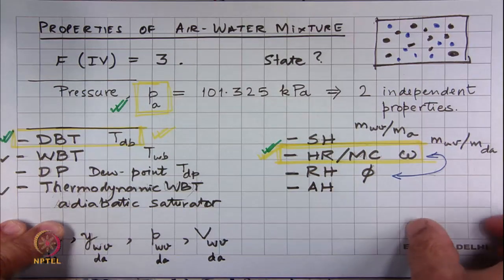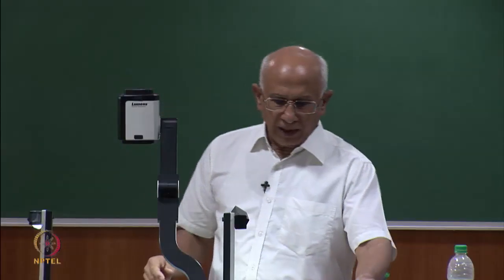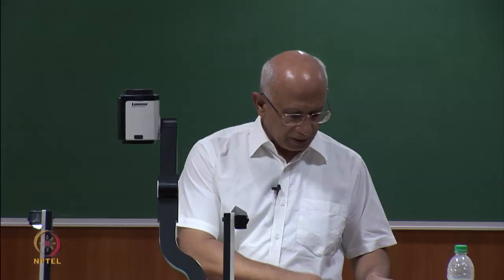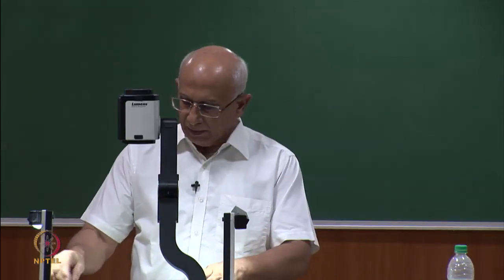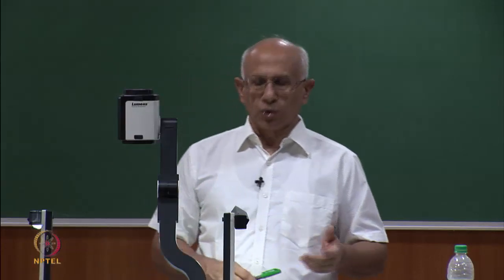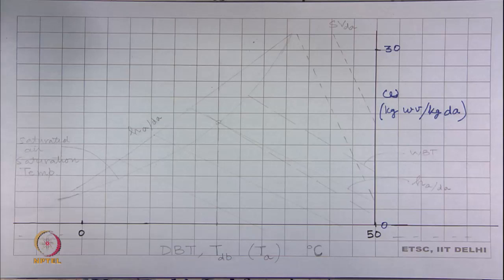Okay. So, let us see now what happens. We had various expressions for these properties, and the idea is, can we make it into a chart that is easy to use and that we can use for doing engineering calculations? Such a chart is called the psychrometric chart.